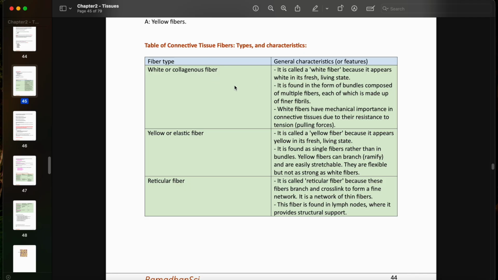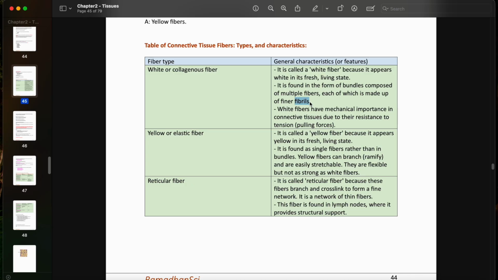The white fibers or the collagenous fiber is found in the form of bundles composed of multiple fibers. So here we can see the fiber in the form of bundles, in the form of clusters, grouped together, each of which is made up of fine fibrils. The word fibril is just telling you that it's the small version of the word fiber.